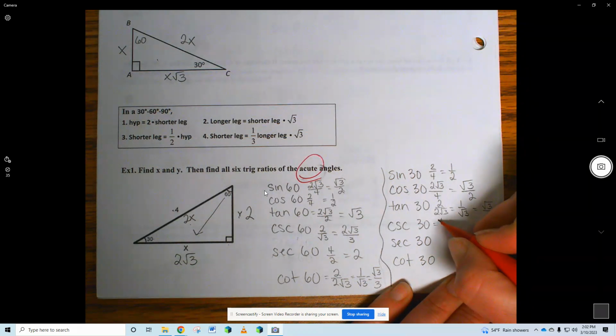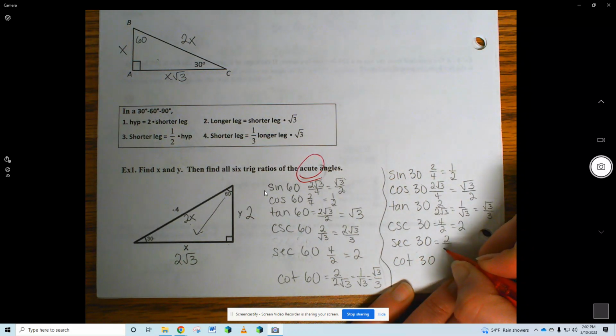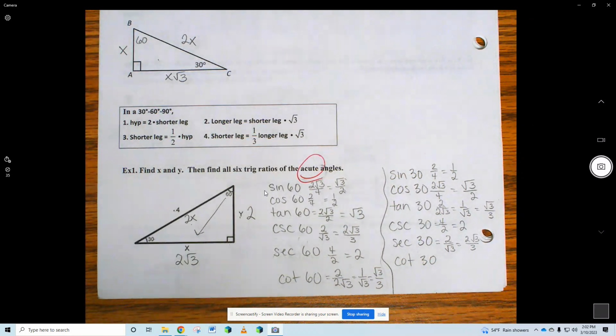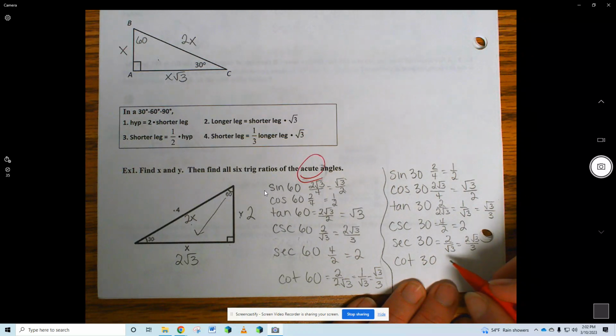Cosecant of 30, 4 over 2 equals 2. Secant of 30, 2 divided by rad 3, which is 2 rad 3 over 3. Cotangent, 2 rad 3 over 2, which is just rad 3.